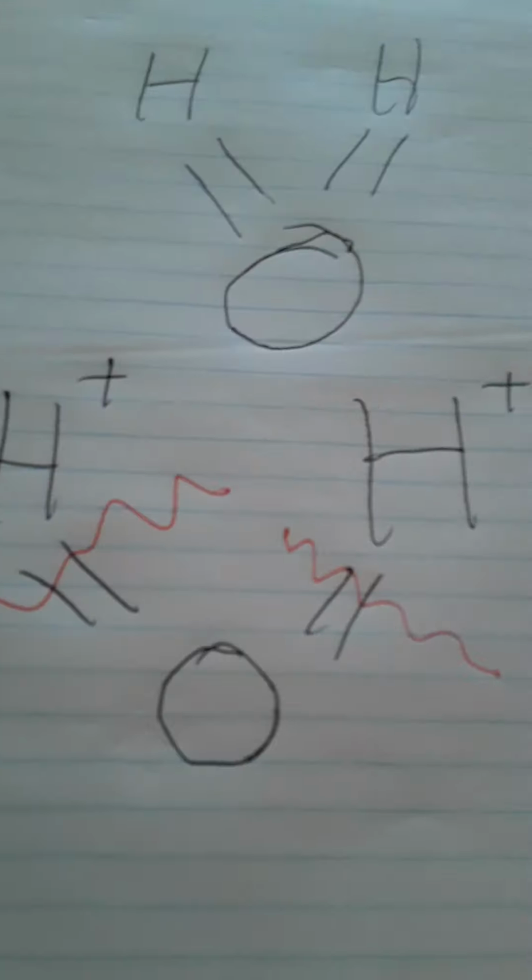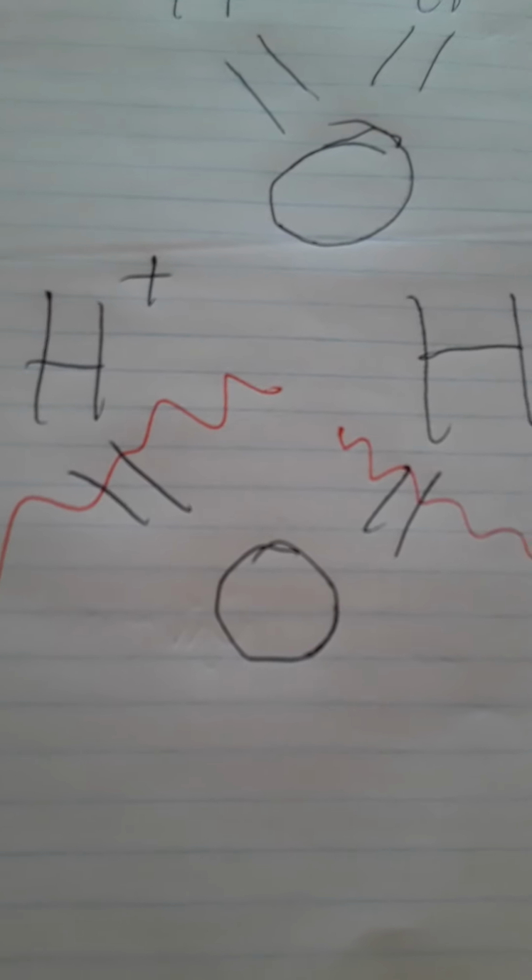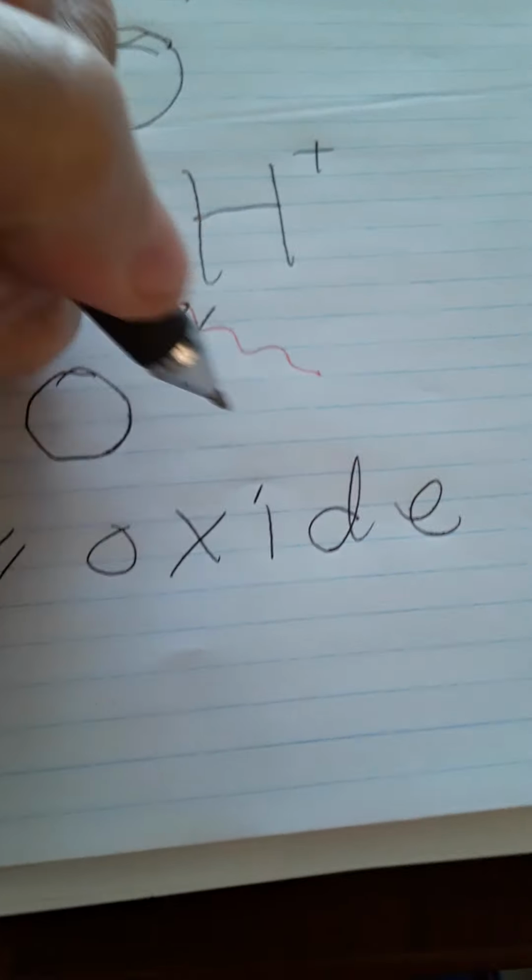The two covalent bonds of each H break away and make O unify together to be O2 oxide. Oxide molecule.